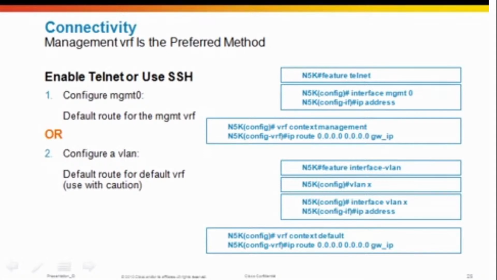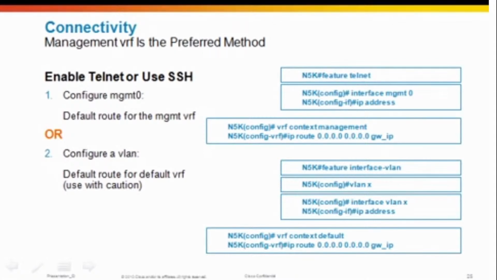So go on the interface management 0, provide an IP address. If you'd like to provide a default route, which is probably what you'll do when you'll be accessing the device from a different subnet than the management 0 IP, then go ahead in VRF context management and issue your default route statement. That's the method I recommend you to use for connectivity.